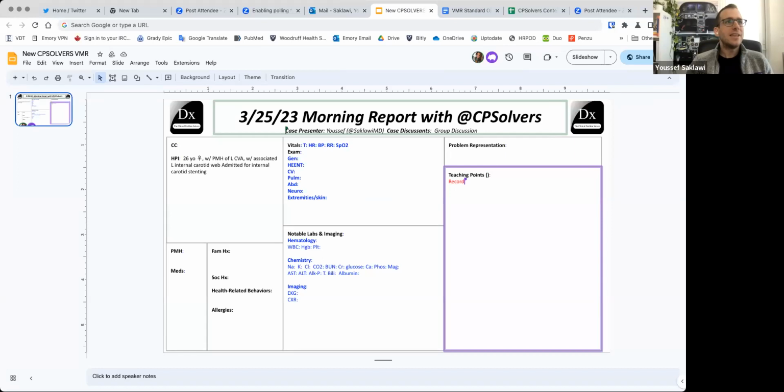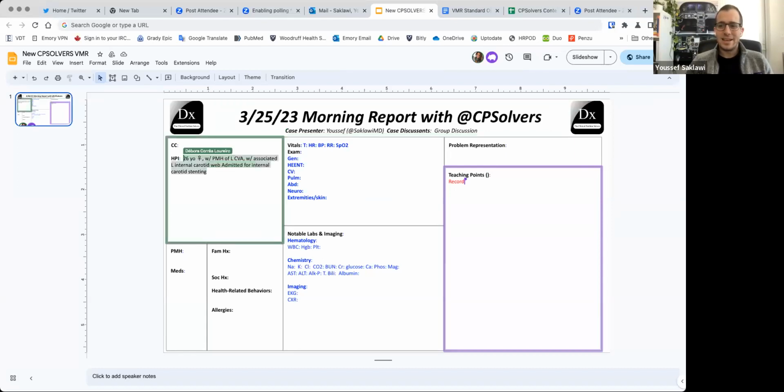So the case today is a case that I had seen earlier last year. It's a 26-year-old female with past medical history, unfortunately, of an ischemic stroke. As part of the workup of the stroke, they found a carotid web in the left internal carotid.